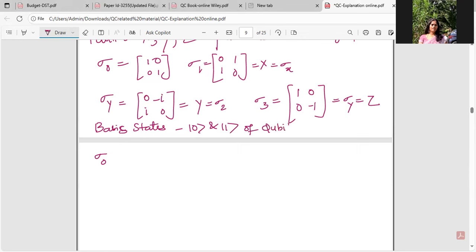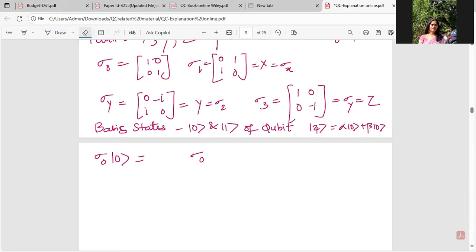Of course, if superposition principle is there, then I'll go with ket psi, which is a combination of ket 0 and ket 1. That means any particle, any photon can exist in superposition. That's what the quantum mechanics concept says. How does this operator operate on ket 0? How does this operator operate on ket 1? Is what we will see.